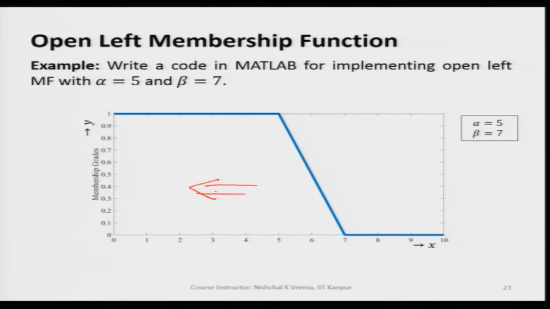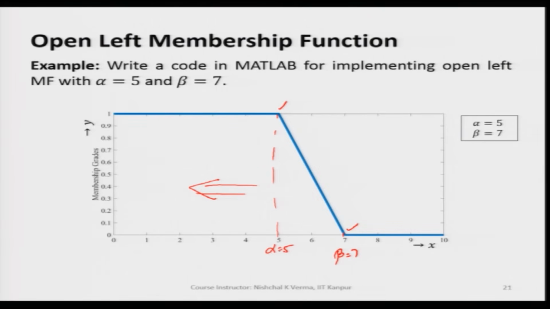If we take this value as alpha and this value as beta, alpha is equal to 5 and beta is equal to 7.